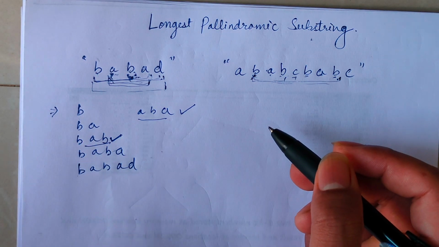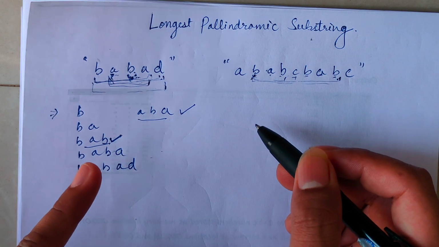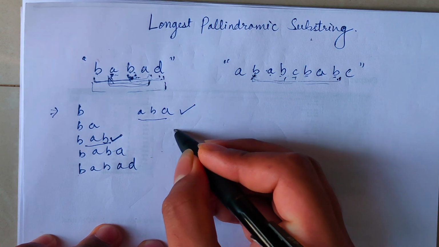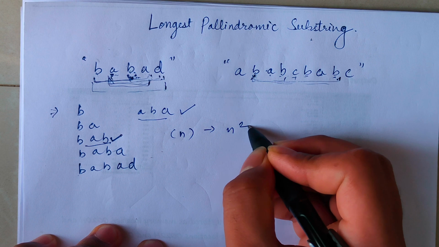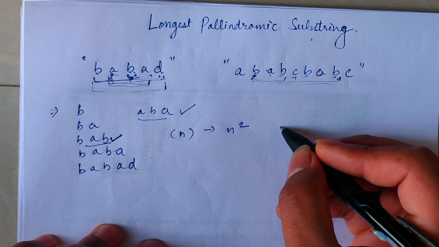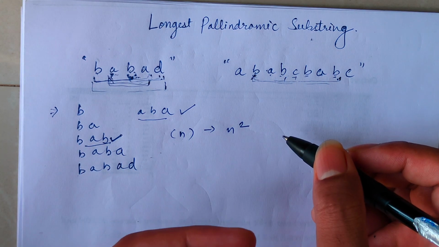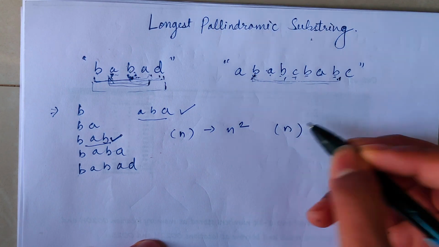So in this case where we need to get every substring, for a string of length n there would be a total of n square substrings, right? And for a substring, checking if it is a palindrome or not will take us order of n.